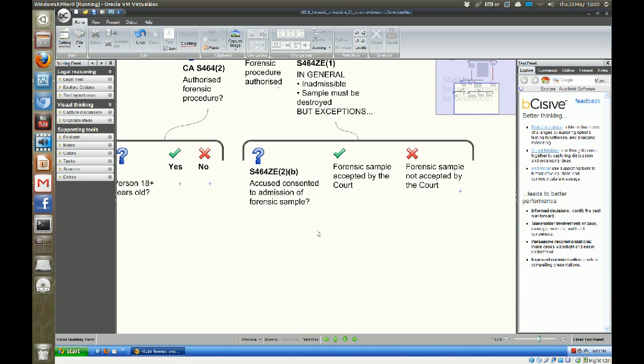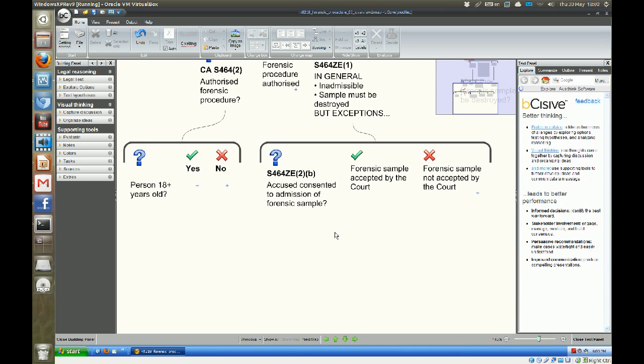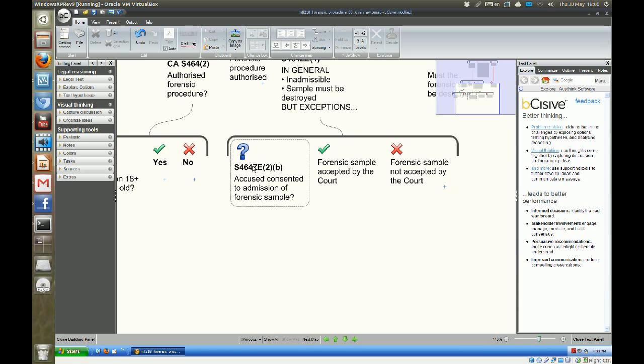I mean, you wouldn't want to accept or allow evidence to be admissible that would incriminate you. So there's the consent of the accused, and if the accused consents, notwithstanding the technical inadmissibility of the forensic sample, then it'll be accepted by the court.